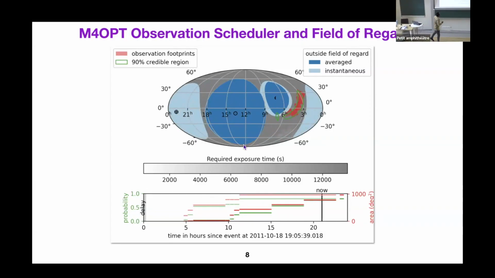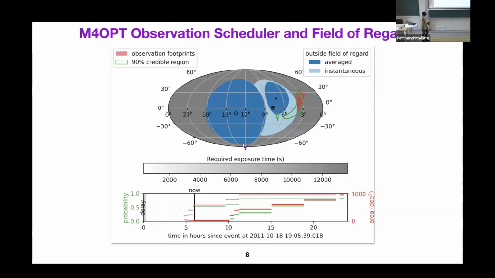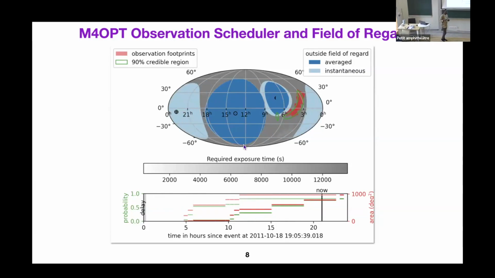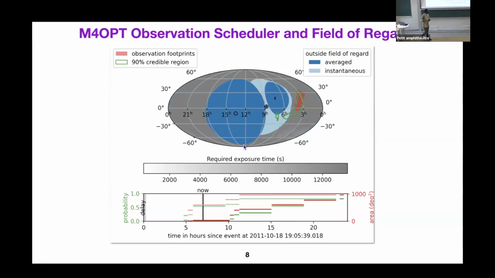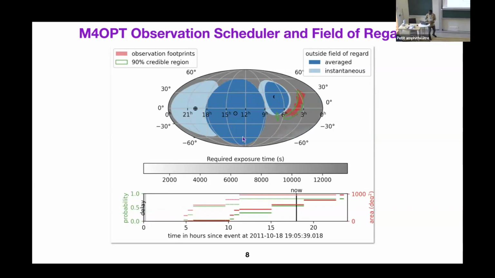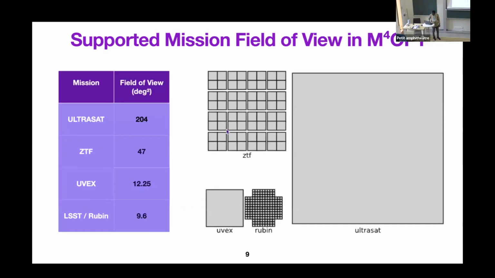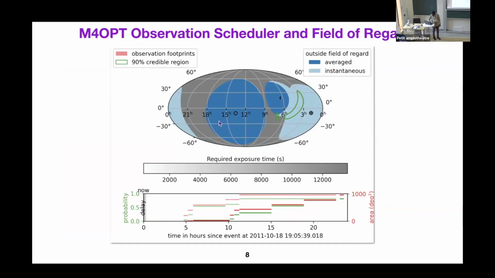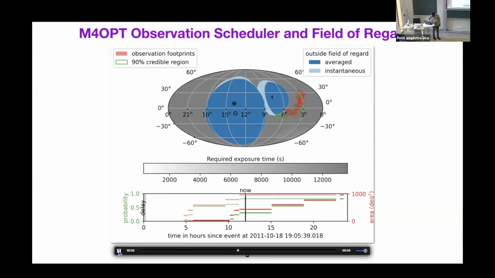We have the box colored in red that represents the field of the detector, and the green contour represents the 90% of the gravitational wave probability. Let me pause it to show clearly what happened.